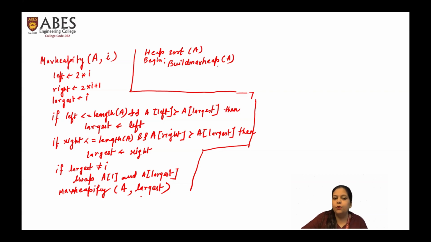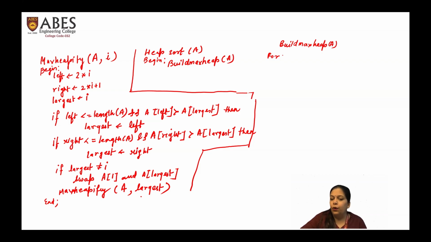Now what is this build max heap going to do? Build max heap on array A is going to heapify the nodes from length A by 2 down to 1.